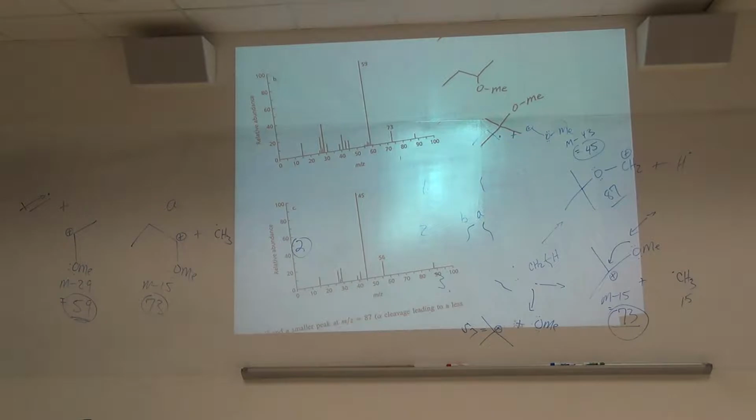Actually, let's look at one of those tomorrow. Look at those, okay? Where an IR is given as well. And I think in one of those, there's no formula given. All you're given is just the mass and the IR, and you're asked what the structure is.